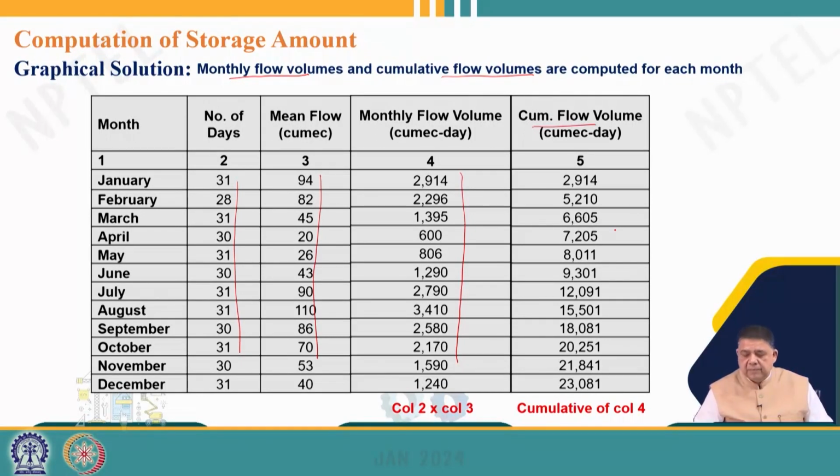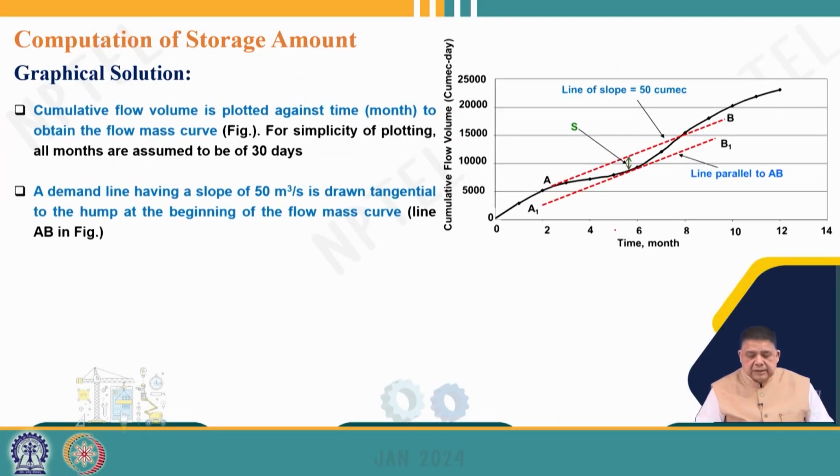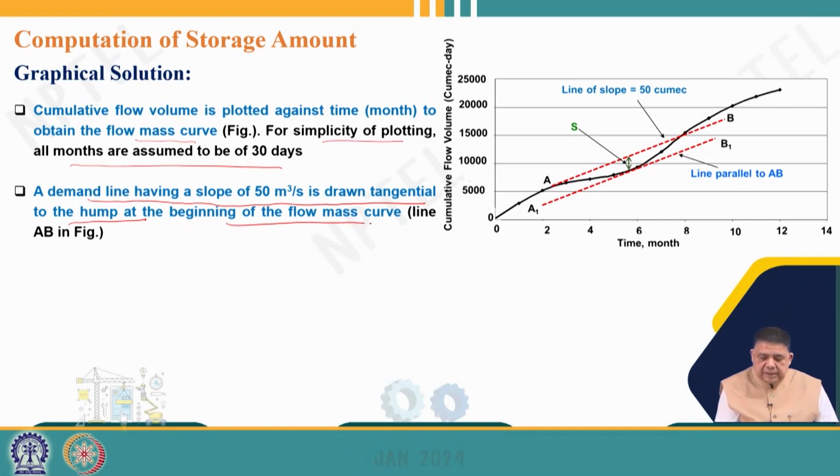So, this is what we have obtained. Using this cumulative flow volume we can draw the flow mass curve. So, the cumulative flow volume is plotted against time to obtain the flow mass curve, and for simplicity of plotting we have taken all months as the same, equidistant, that is what we have assumed. And then a demand line having a slope of 50 cubic meter per second is drawn tangential to the hump at the beginning of the flow mass curve.